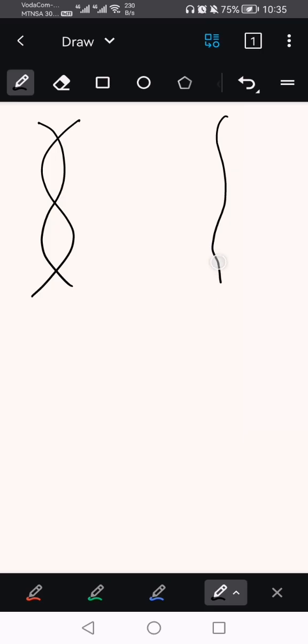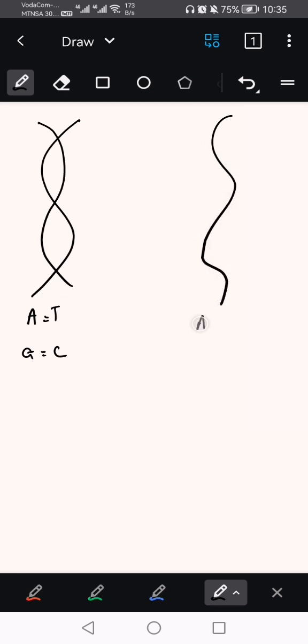There are just a few things that I think I've left out. DNA, we know, is a double helix molecule. RNA is a single-stranded molecule. In DNA, A bonds to T, G bonds to C. That's actually a very ugly drawing. In RNA, A bonds to U, G bonds to C. Note that in DNA it is thymine and adenine, in RNA it is uracil and adenine.